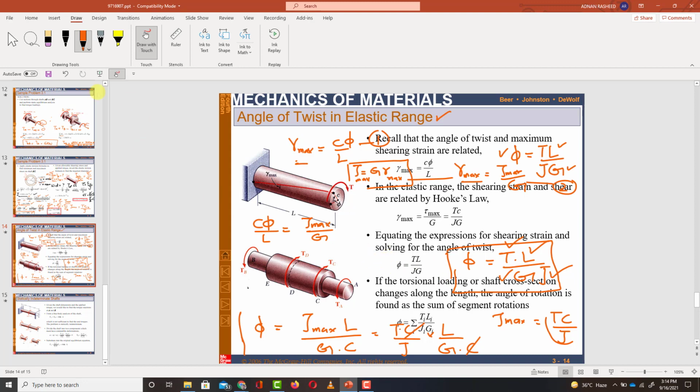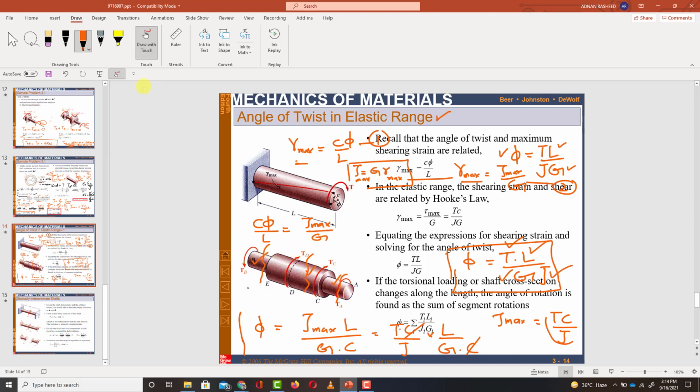Yes, sir. Now, if you have a shaft having stepped rods with different diameters, or different material, for example, if this is smaller diameter, this is larger, and again this is smaller. If you have different materials or different diameters of shaft, then the angle of twist will be different in each shaft.